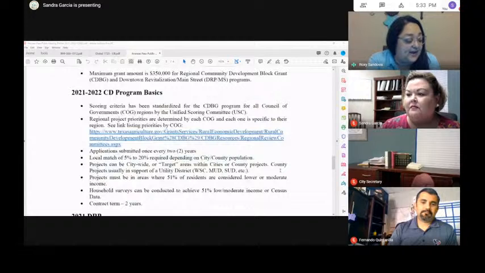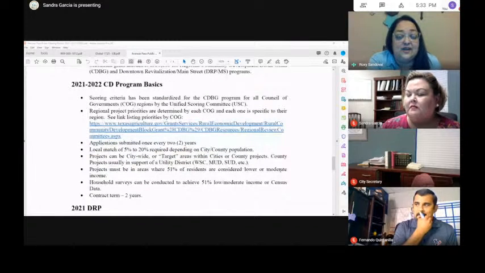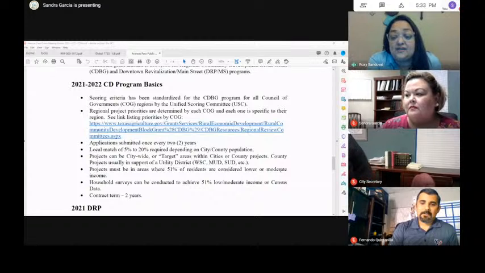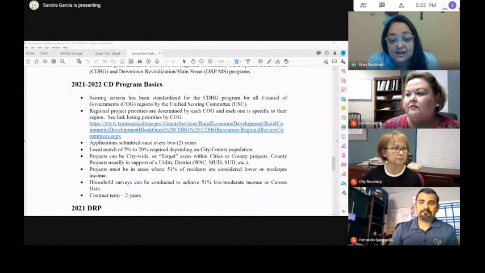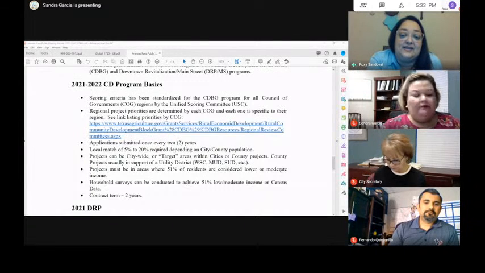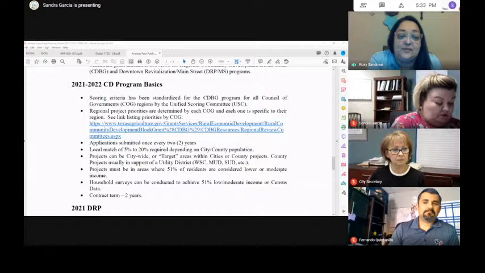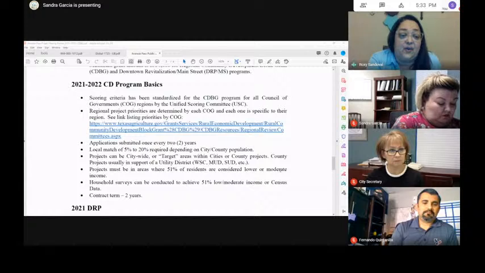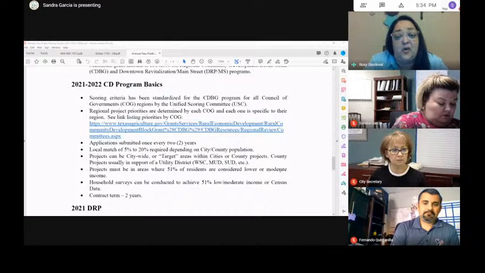The scoring criteria has been standardized this year. TDA usually uses the Council of Governments to do the first round of scoring. This year, it is being done by what they have called the Unified Scoring Committee. This is a new committee set up to score the applications rather than the Council of Governments doing it by region. Regional project priorities are still determined by the COG, and that's been an ongoing thing for this program.